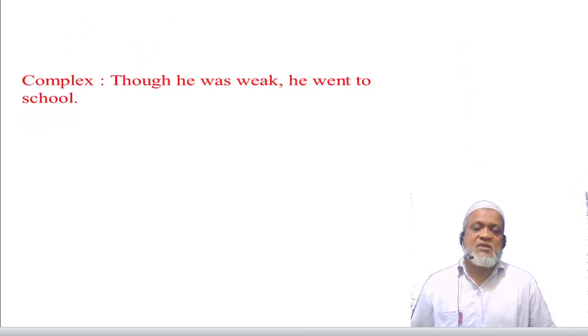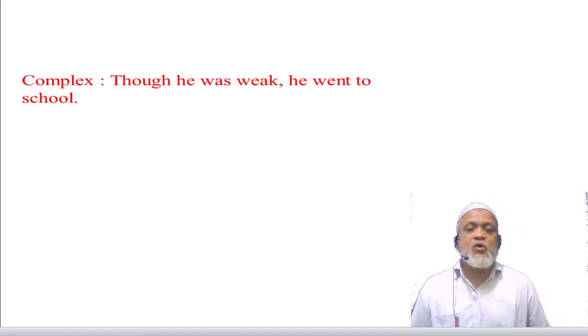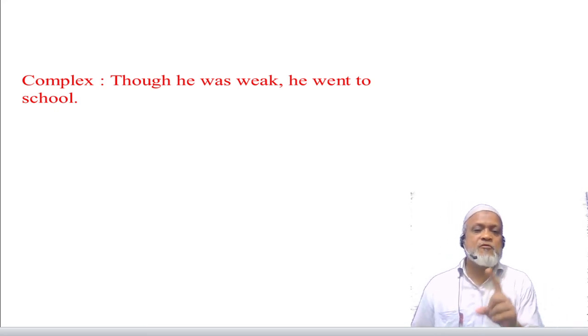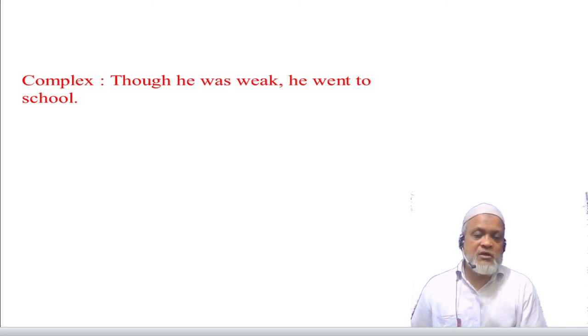Let us see an example. Complex: though he was weak, he went to school. Here it is a complex sentence. There are two verbs, was and went. If we want to make it simple, we have to change one clause into a phrase, and we have to remove the subordinating conjunction though.